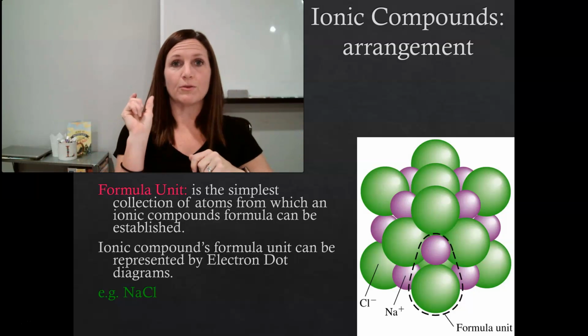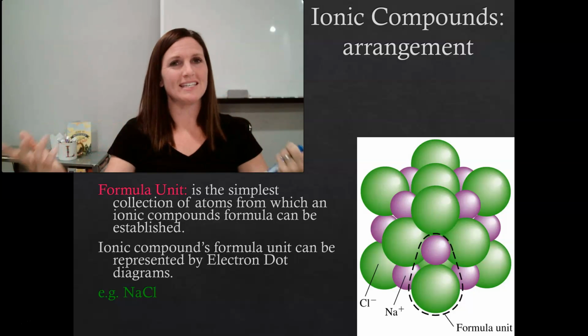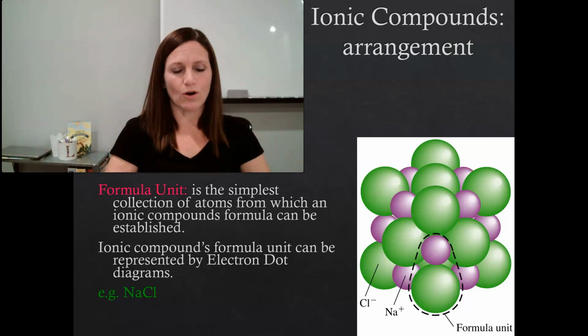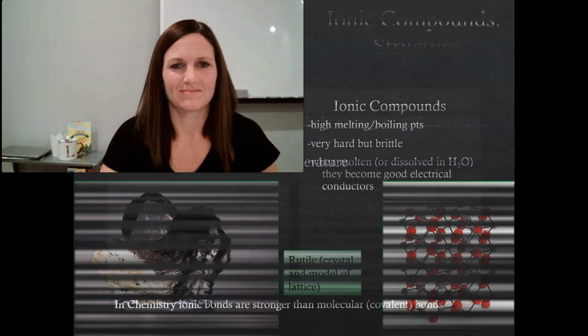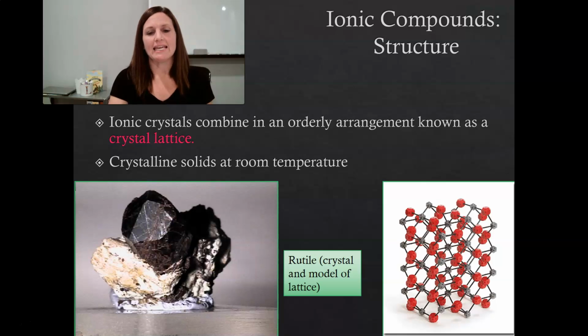They are made of repeating formula units, and those formula units are put together in such a way that the positives equal the negatives. So this is showing you a picture of the crystal lattice. The crystal lattice is this big structure that is created from those individual formula units stacking on top of each other.